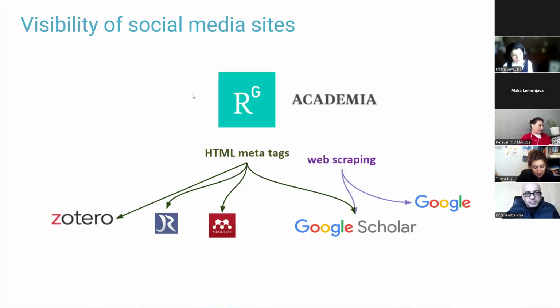And you see what ResearchGate and Academia do for you. They deliver metadata to Google and Google Scholar, but they are not as efficient as the repository. If you provided correct metadata, and nobody checks the metadata when you provide it to ResearchGate and Academia, people will be able to capture this metadata to reference managers.